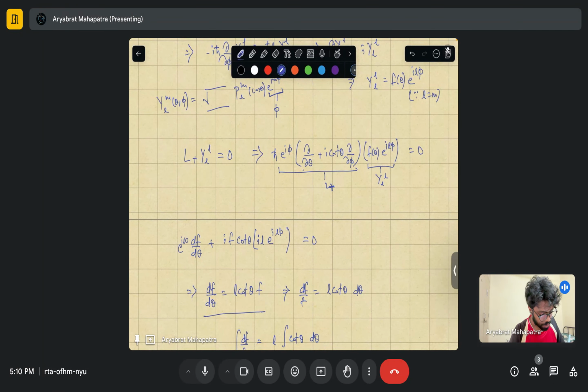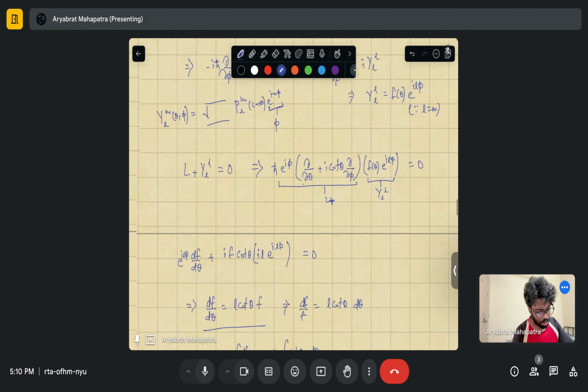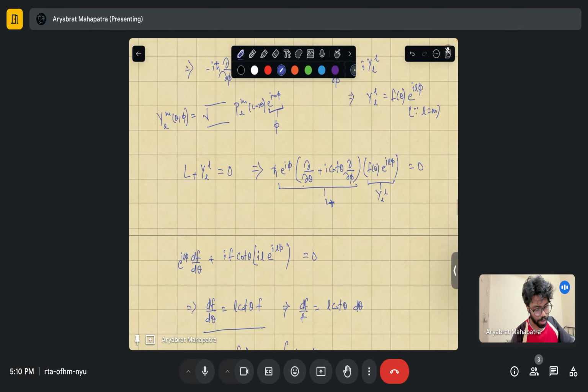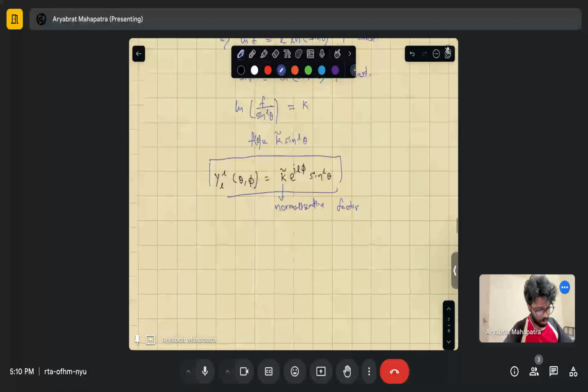That is why, up to the overall factor, I was not taking it. So okay, now that's good. So basically you just leave out this e^{i L phi}, you operate this part with the derivative. Now it's clear. Okay, no problem.